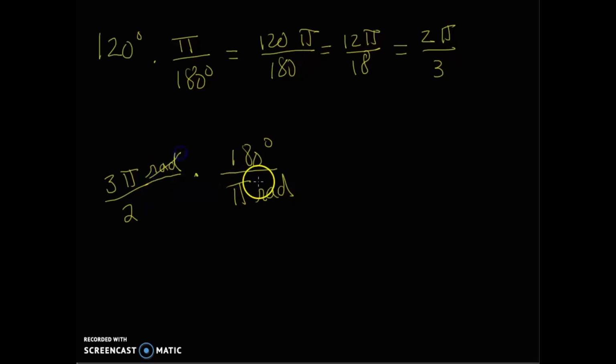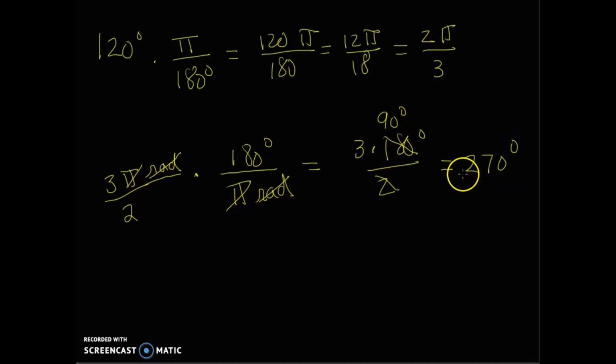So the radians cancel, and I get 3 times 180 degrees over 2, because the pi's also cancel. Now 2 goes into 180 90 times, so it's 90 degrees, and 3 times 90 degrees is 270 degrees. So 3 pi over 2 radians is 270 degrees.